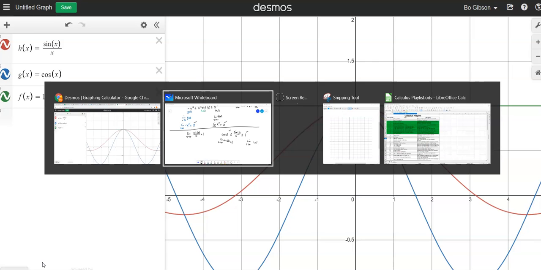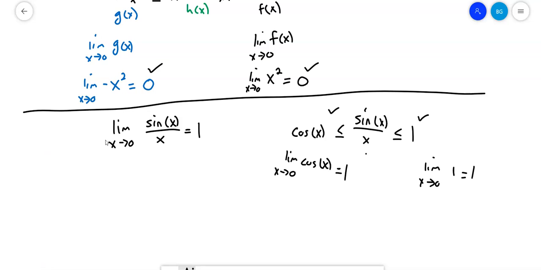But this is a limit kind of worth memorizing, honestly. This limit seems to show up quite a bit. So that's why I thought that maybe, even though we didn't have time to work through the geometry of this bounding inequality, we should at least bring up this limit.